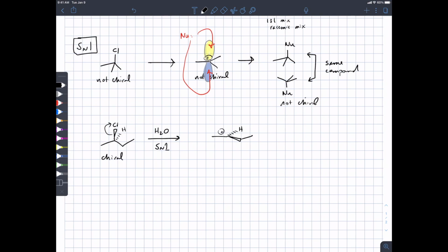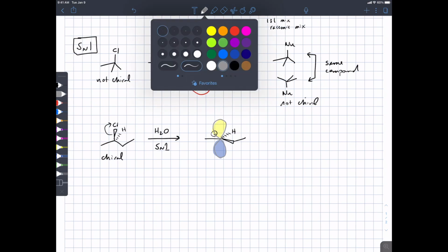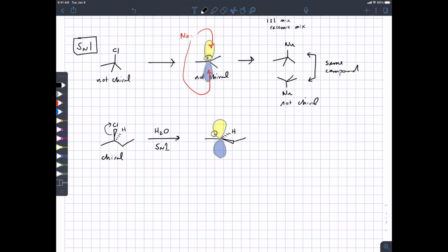What do you think about that intermediate? Is it chiral or not chiral? Okay, it does have 3 different groups on the carbon. Let's run our fail-safe test for chirality.